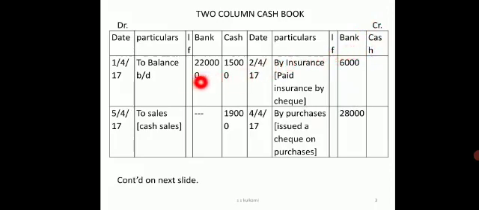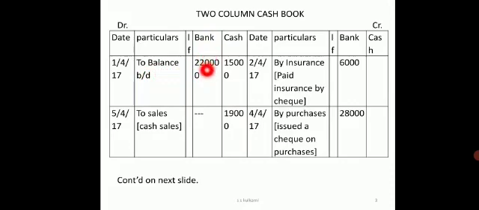Now the zeros which come relate to the same amount; because of insufficient space, it is coming down, so please adjust. So the opening balance of cash on 1st April 17 is taken as balance brought down 2,20,000.